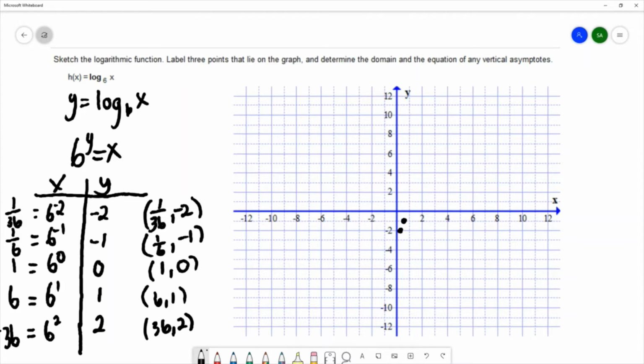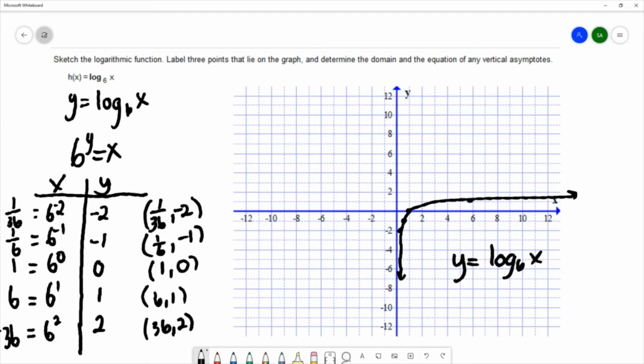Then we have (1, 0), (6, 1), and (36, 2) would be too far off of my grid to show. I'm going to connect these 4 points. And this is a picture of our log function, y equals log base 6 of x.